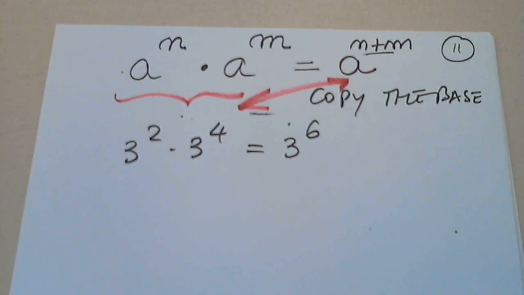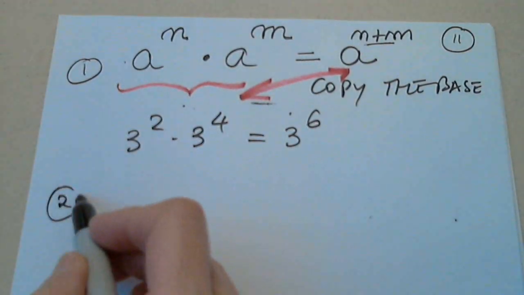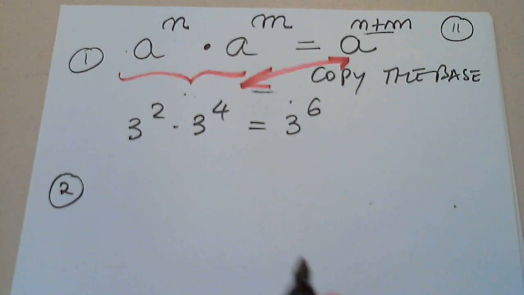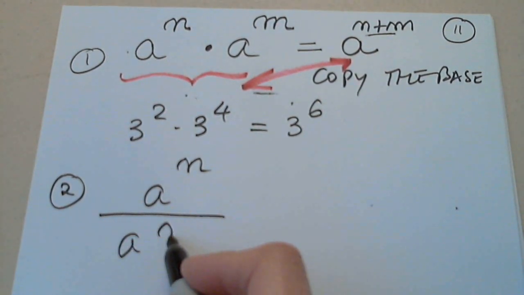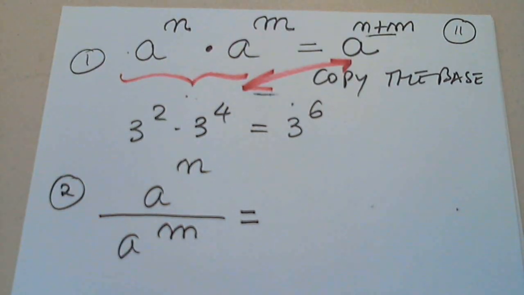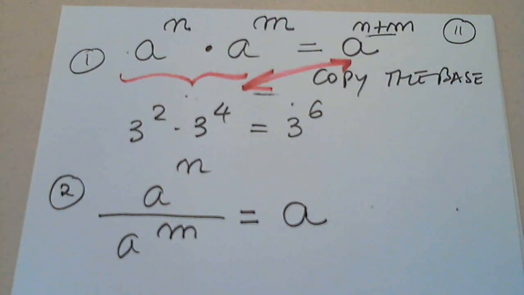Perfect. Here's another rule. So this is rule number 1. Here's rule number 2. When I divide a to the nth power over a to the mth power, it's the same idea. I copy the base. Don't touch the base. Don't simplify the base. Don't divide the base. Don't add the base. Nothing, nothing, nothing.